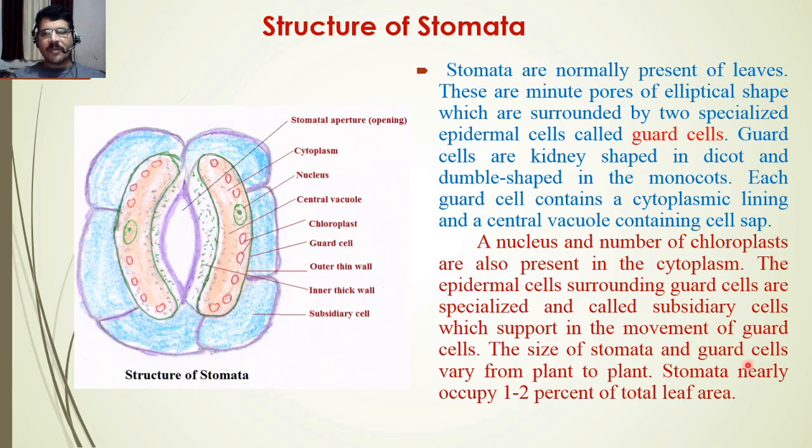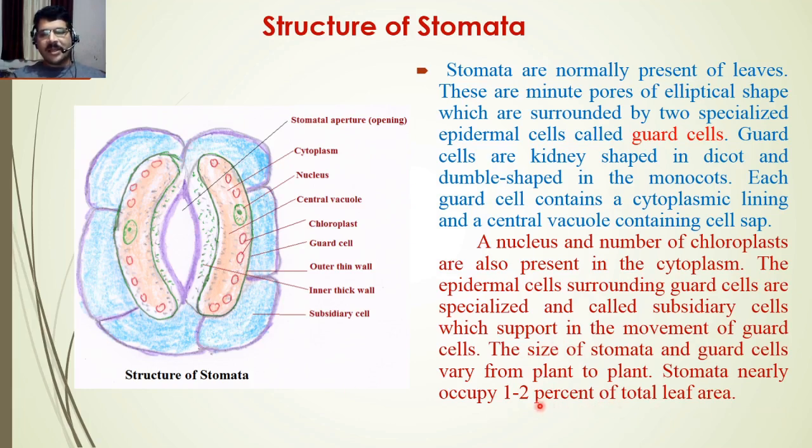The size of stomata and guard cells varies from plant to plant. How large or small the stomata are depends upon the plant, as different plants contain different sizes of stomata.